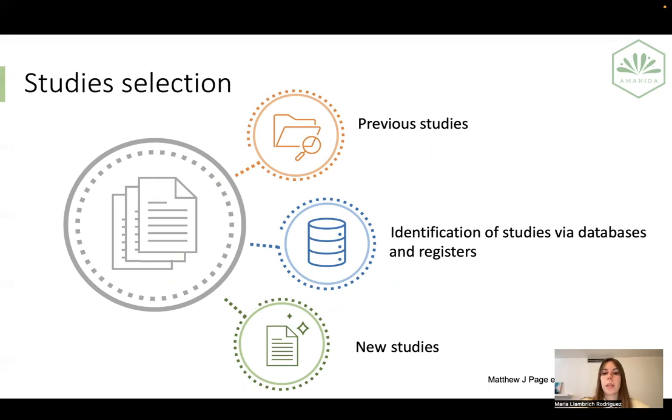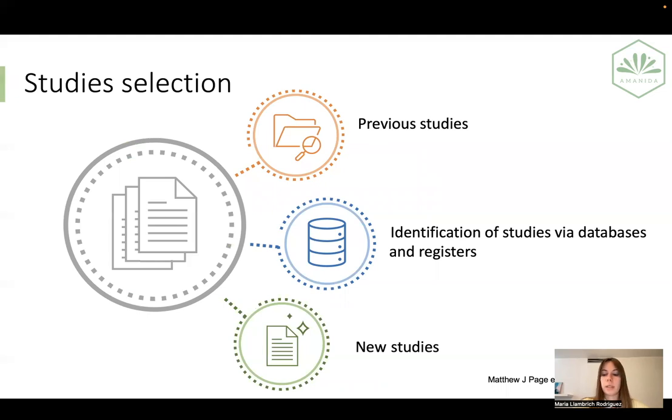For this, we will use identification of studies via databases, also previous studies, and include also new studies, and check if all of these studies meet the criteria that we set.